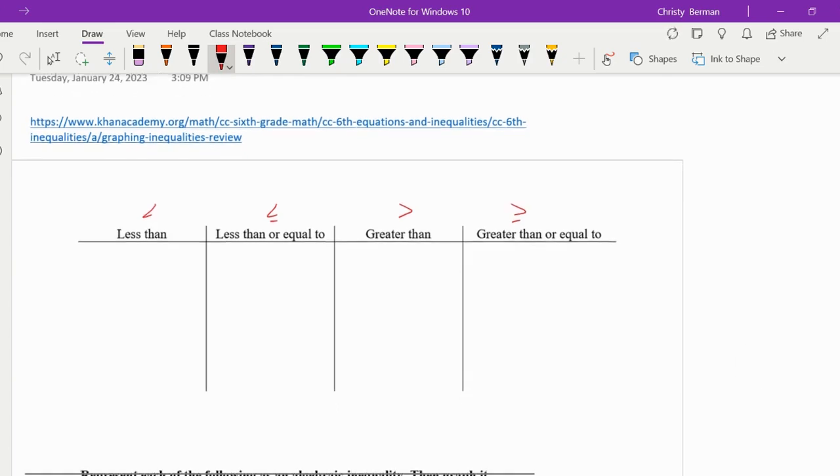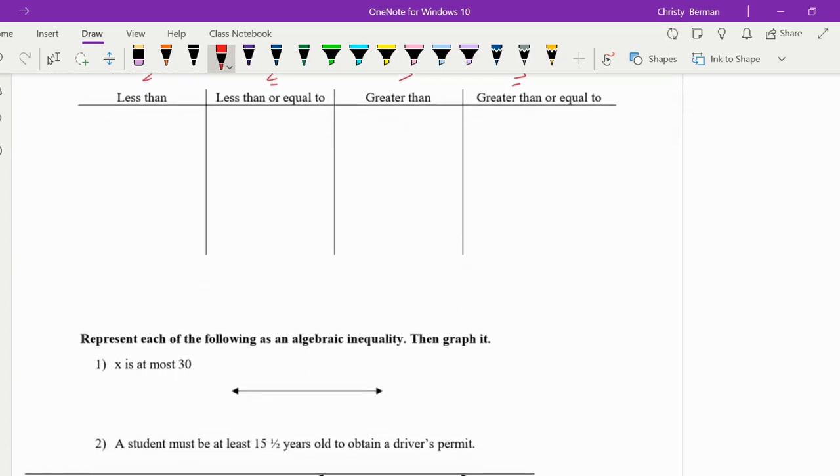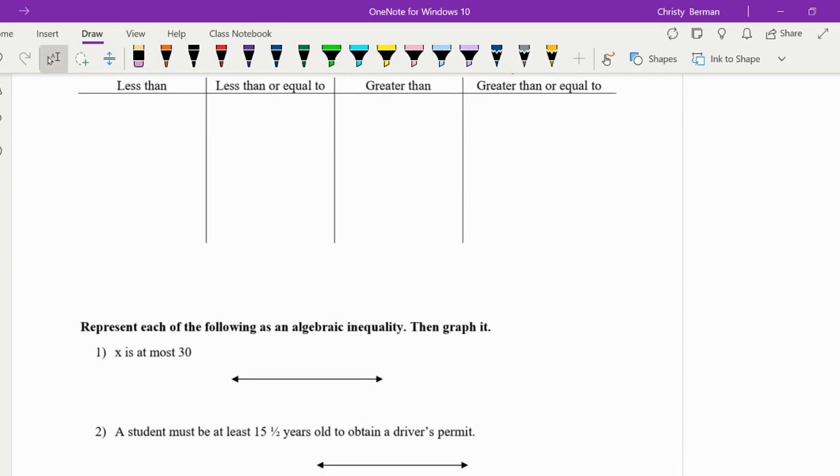So if we look at our first example of x is at most 30, when you think about the word at most, well, we know we're going to have an x and we know we're going to have a 30. So we have to decide what kind of symbol we're going to put in between that.